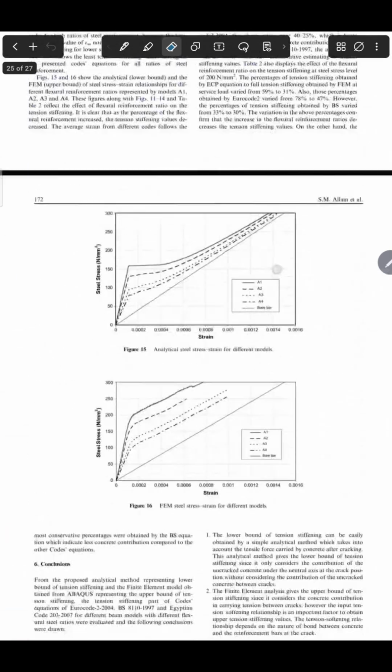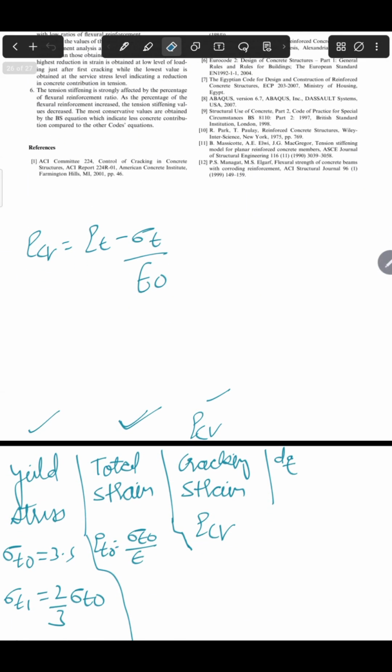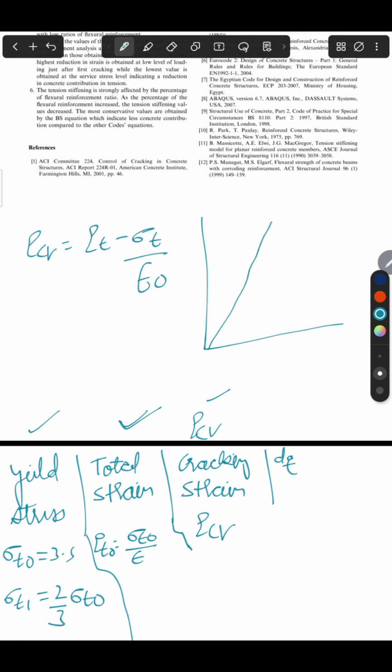As you can see from the graph, it is something like this, and here is our F or sigma T naught.